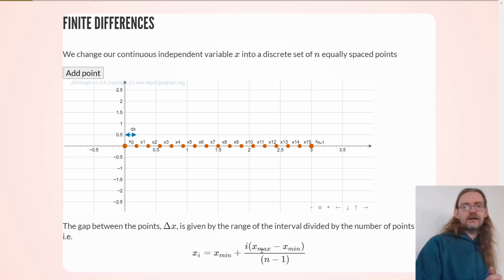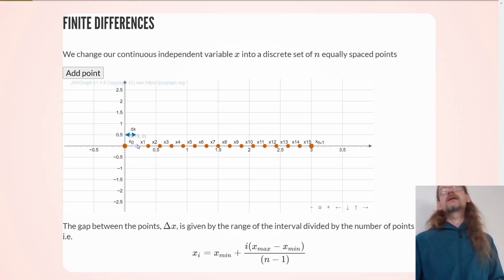So this delta x is the upper limit minus the lower limit, divided by n minus 1. So the x1 point is x0 plus delta x, x2 is x0 plus 2 delta x, etc.